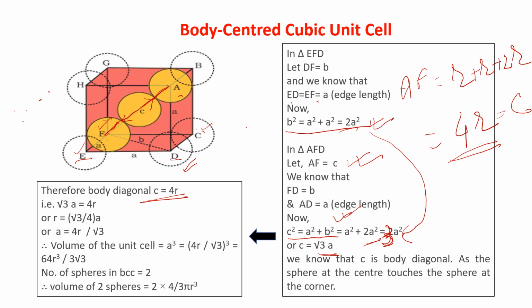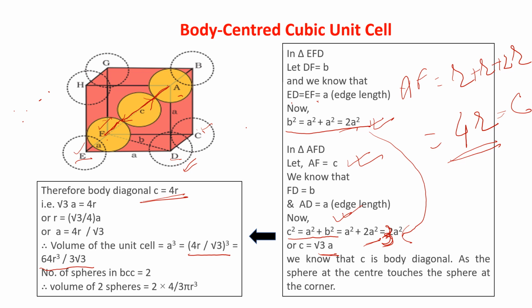Now the volume of the cube is equal to A cube. So (4R by root 3) whole cube is A cube, which we are getting as 64R cube by 3 root 3. Now how many spheres are there in BCC?